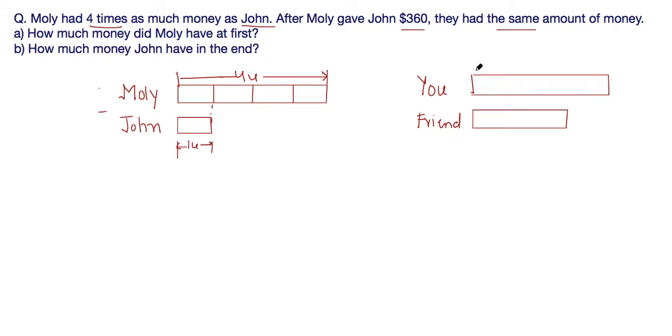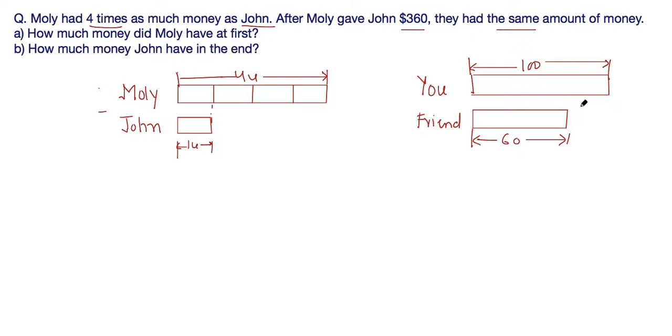Okay, so you are having here $100 and your friend is having $60. Okay, now tell me how much money you should give to your friend so that at the end the amount of money each of you have is the same. Okay, my question is how much money you should give to your friend so that at the end both of you have the same amount of money.